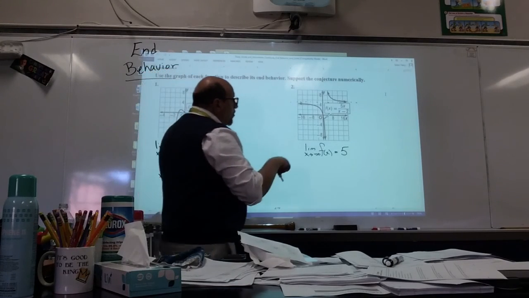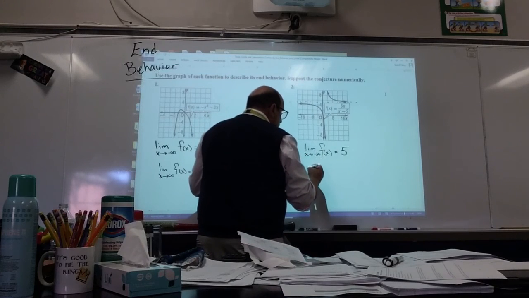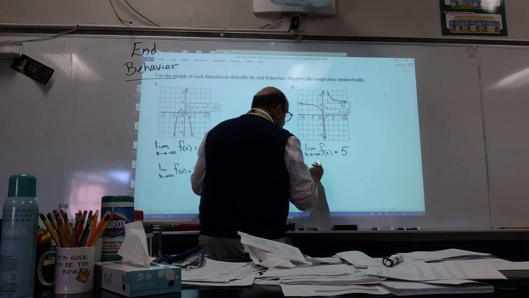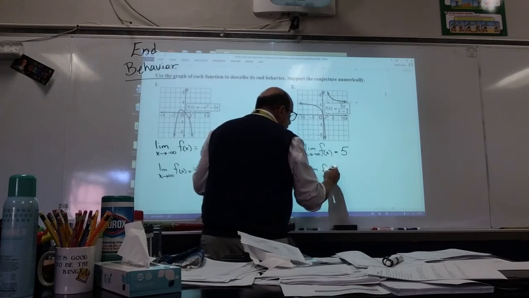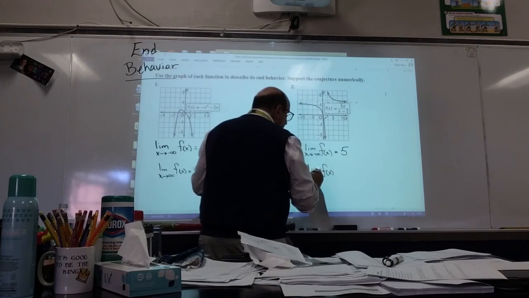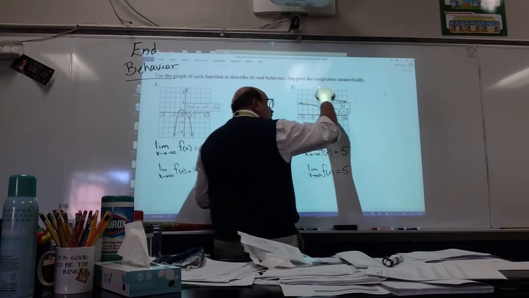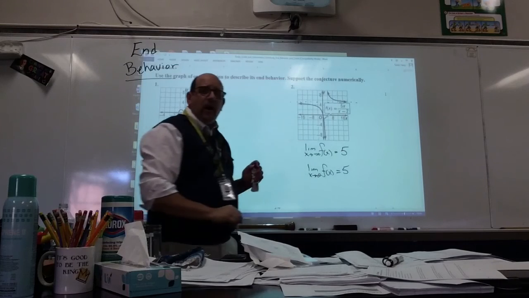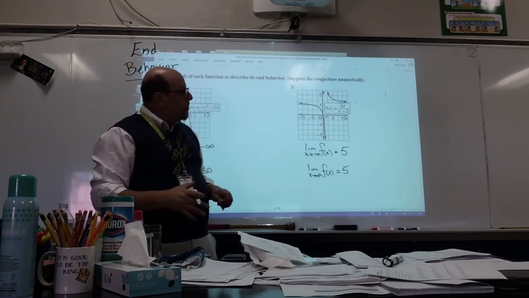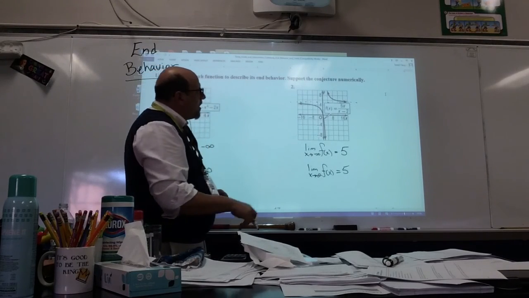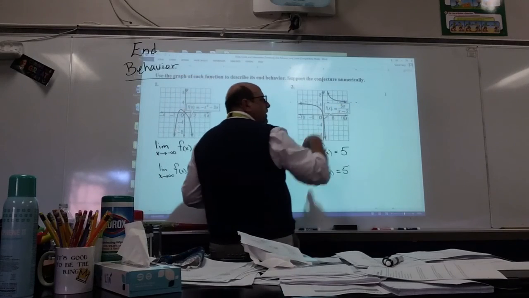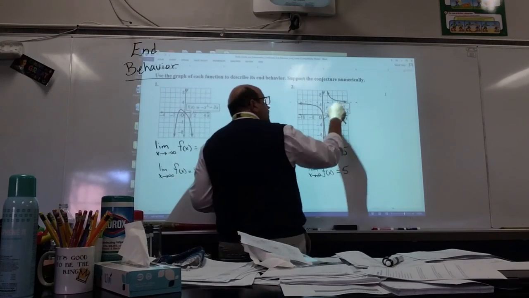Well, look at it as it goes to the right. We'll do the same thing with the positive side. The limit of this function as x approaches positive infinity, it's going to be the same thing. It's also almost getting to 5. You can put huge values in there. Let's say 5 million, or a million.